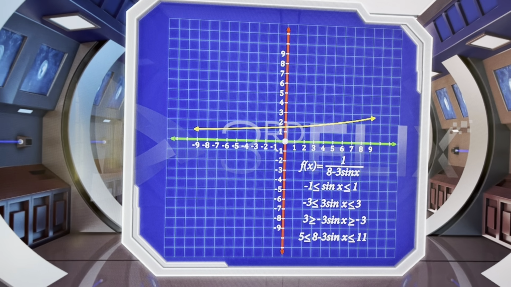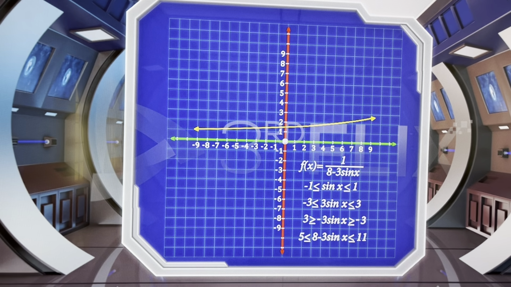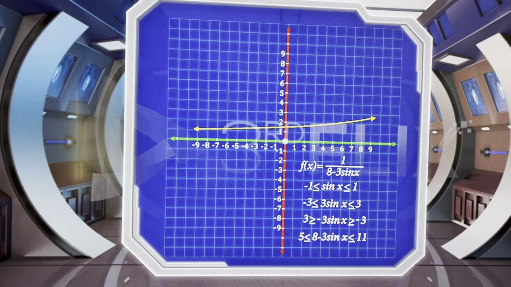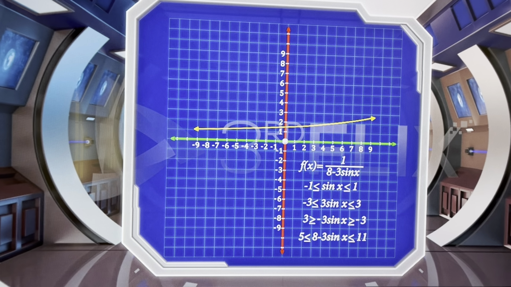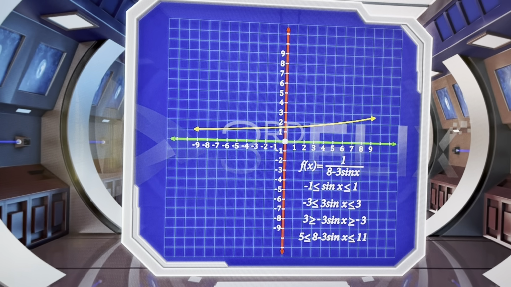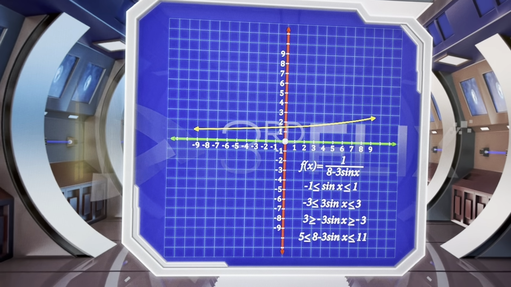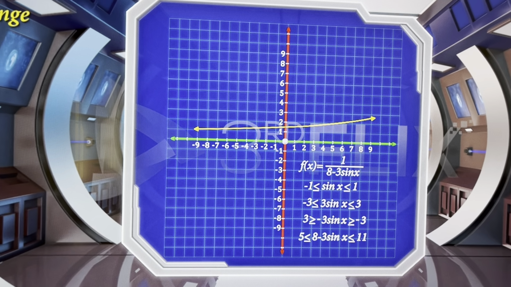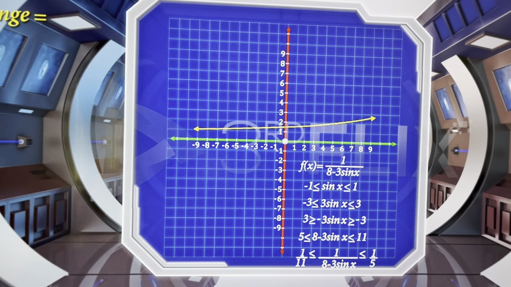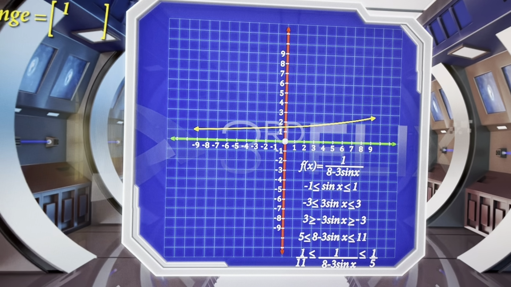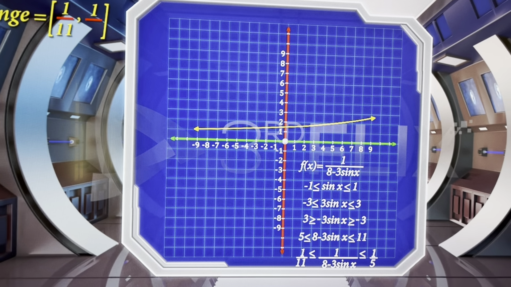Reversing the inequality, we get 1 upon 11 less than or equal to 1 upon 8 minus 3 multiplied by sin x less than or equal to 1 upon 5. Therefore, the range of the given function is the closed interval 1 upon 11 to 1 upon 5.